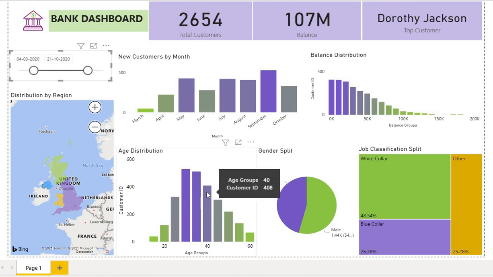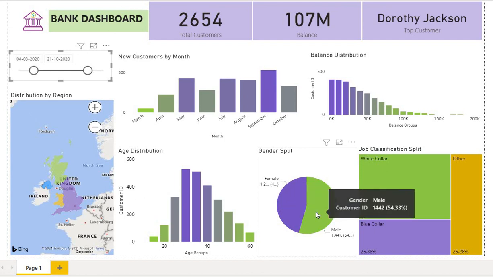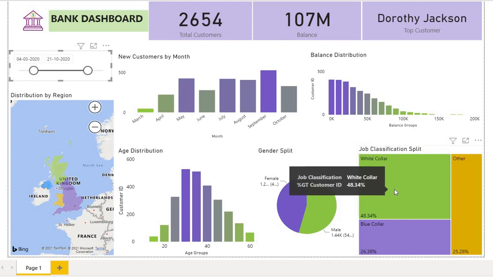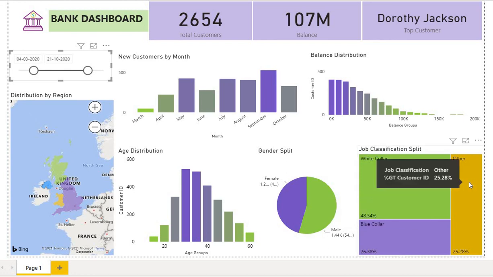Also, there are people ranging from the age groups of 40 to 45. And now, from the gender split pie chart, we can analyze that there are approximately 45.67% female and 54.33% male. From the job classification, we can analyze that there are more number of white collar jobs again over here in this range, that is 48.34%, and the blue collar approximately 27%. The other jobs is at 25.28%.